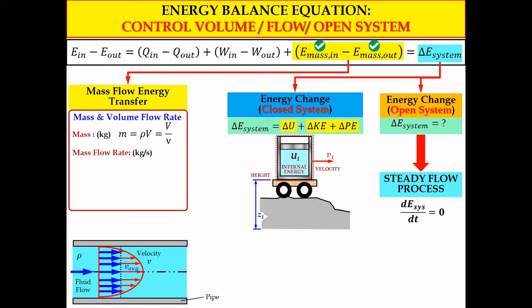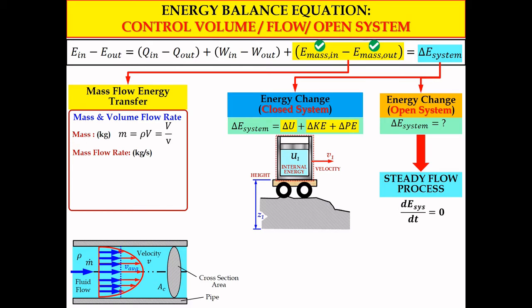Normally during our calculation for the open system, the velocity of the fluid refers to the average velocity, represented by the blue arrow, V average. And we have Ac, which stands for the cross-section area of the pipe. The formula for Ac depends on the shape of the cross-section area.